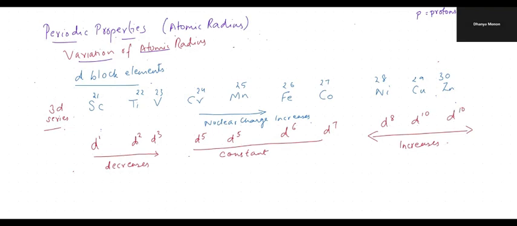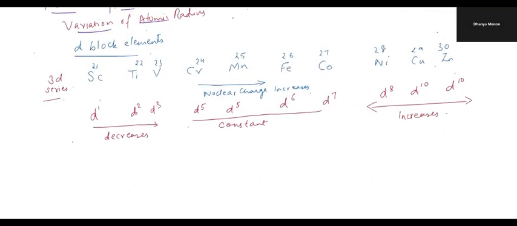Now, if you see the first three elements, the nuclear charge is increasing. As the nuclear charge increases, the outer electrons are pulled by the nucleus.